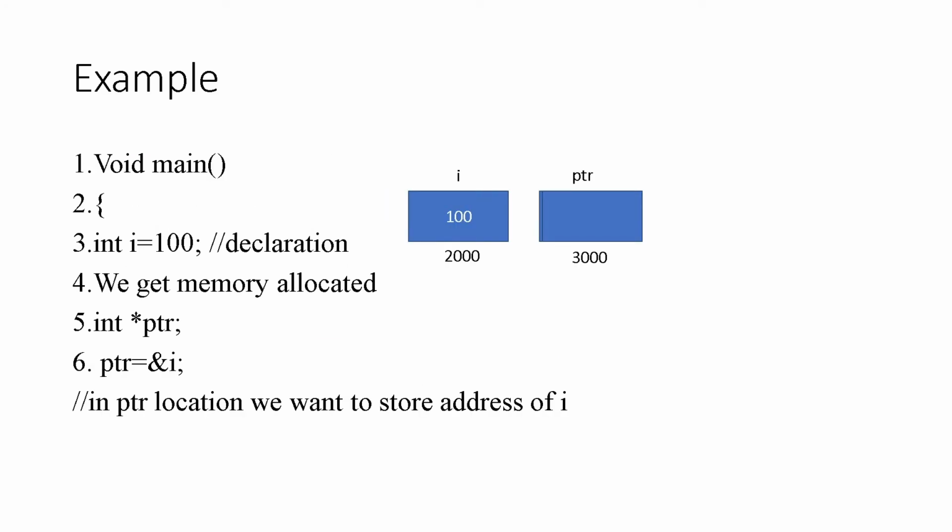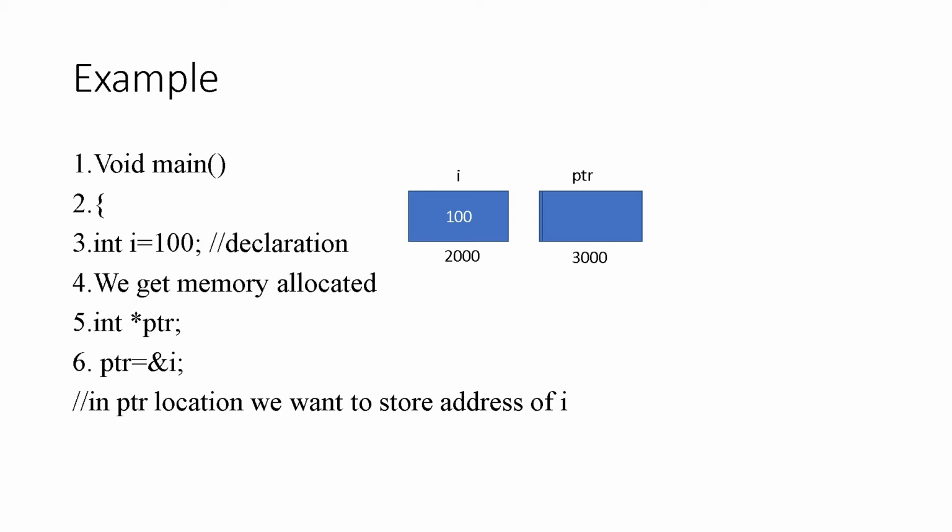Let us see the example. We start with void main, then at line number 3, we are initializing and declaring int I is equal to 100. On the right hand side, you can see two blocks, one for I and one for ptr. I is the variable and its value is 100, and assume that its memory address is 2000.